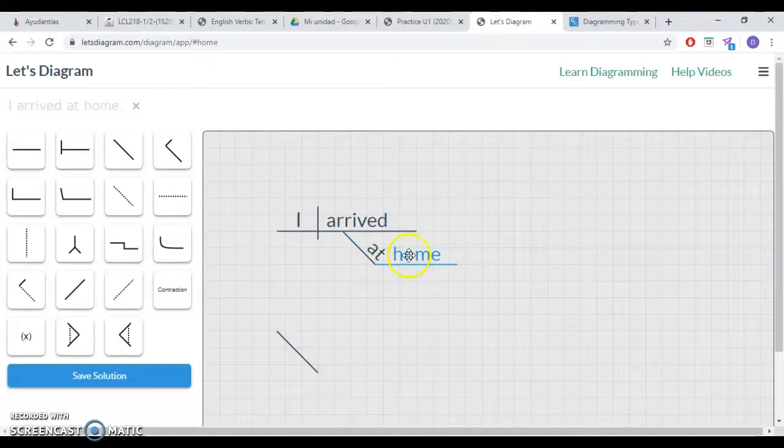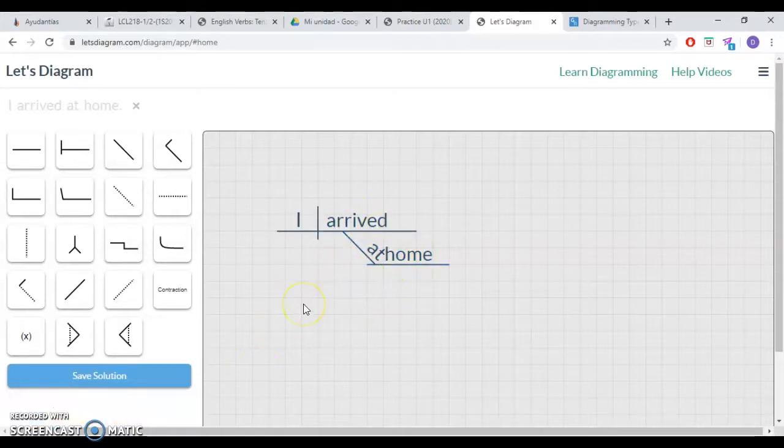Okay, so you need to cross them if you can. If you're working with your notebooks, it's going to be easier. But because of the elements I have here, we're going to work with this. Okay, at home, and this is an adverb.